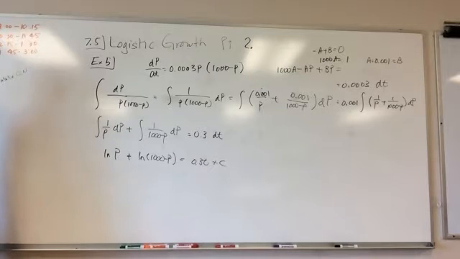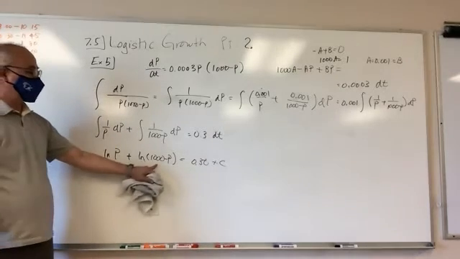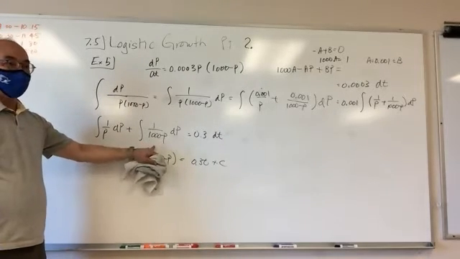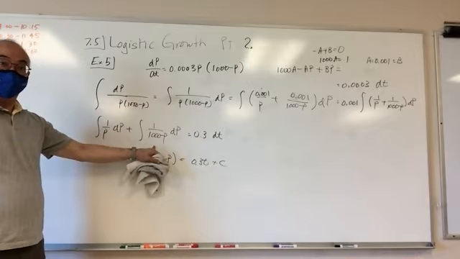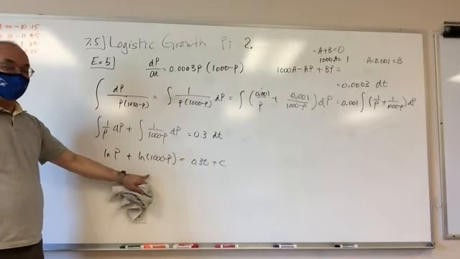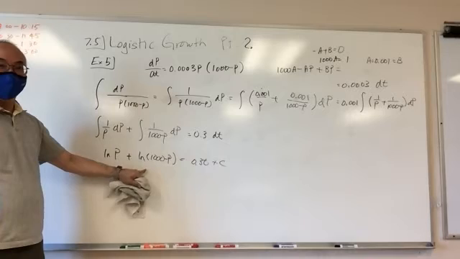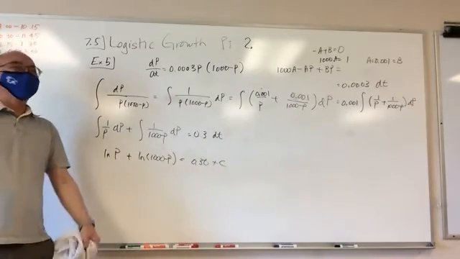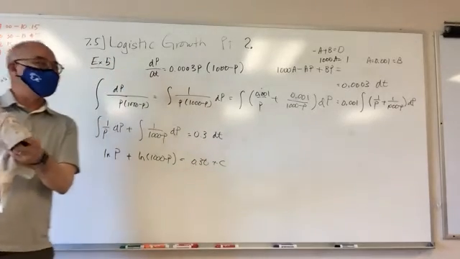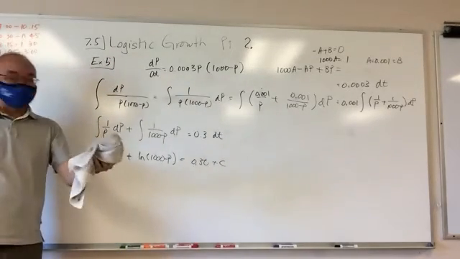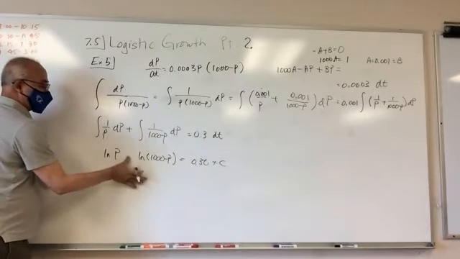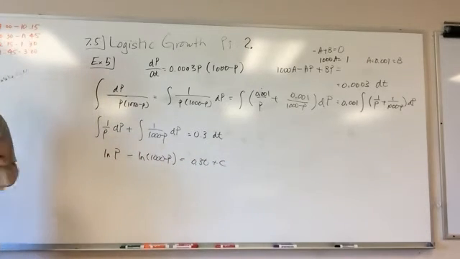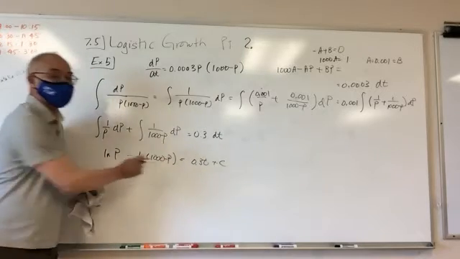So let's verify this. If I take the derivative, what do I get? 1 over P. And if I take the derivative of this, what do I get? 1? Are you sure? No, we need the chain rule, because it's a minus P inside here.